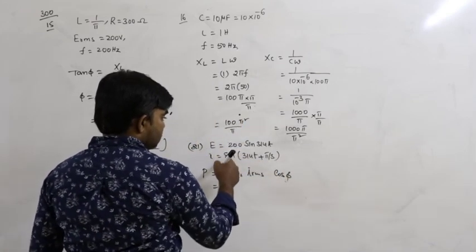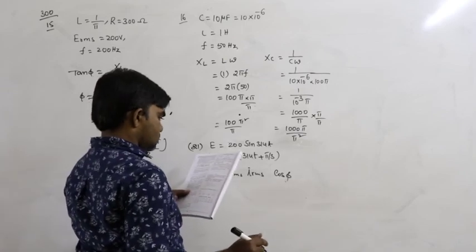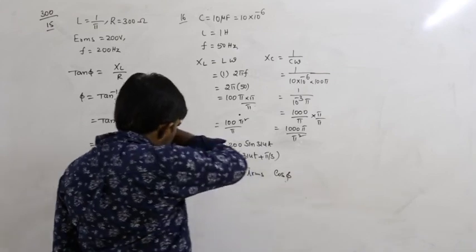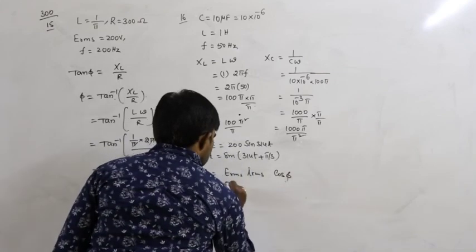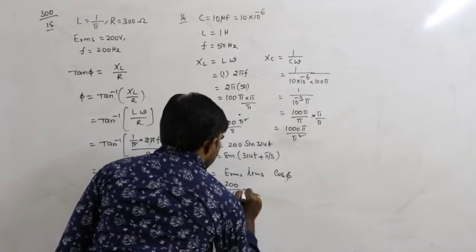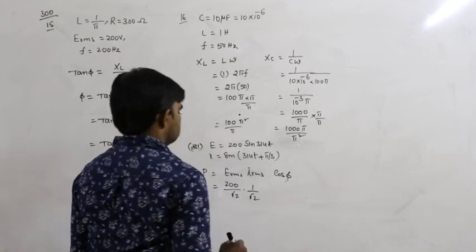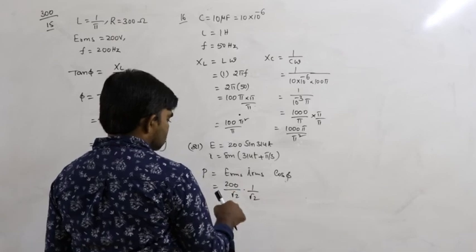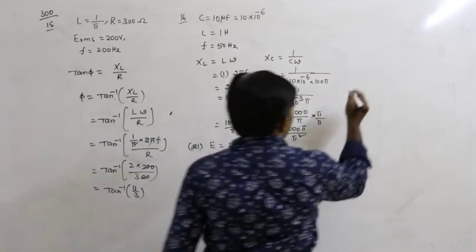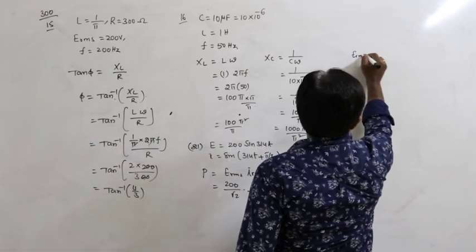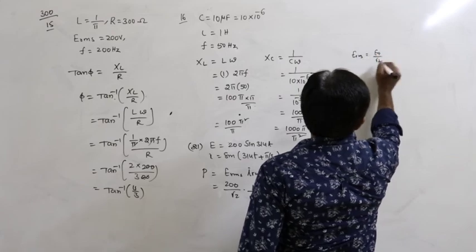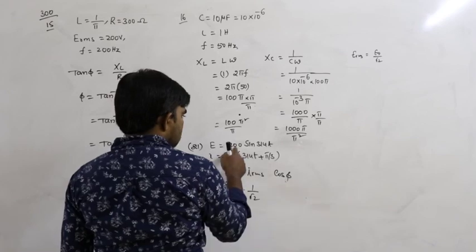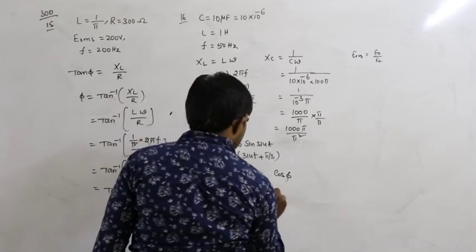E naught is 200 and I naught is 1. E RMS is E naught by root 2, that is 200 by root 2, I RMS is 1 by root 2, cos phi is cos 60.